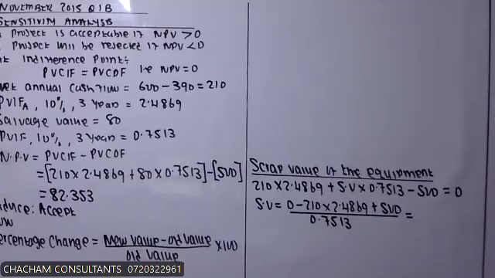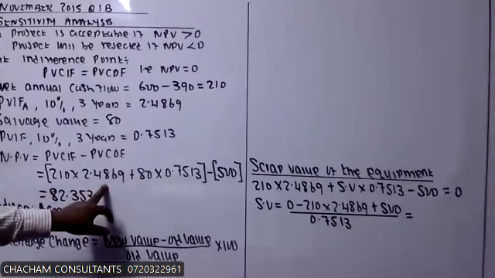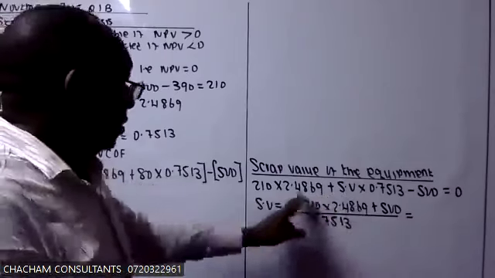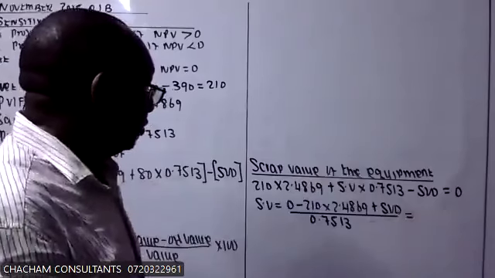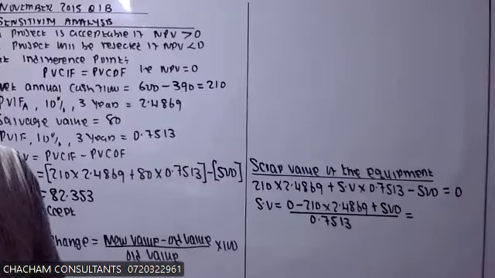Okay, it's coming to negative. Why is it negative? Kuna kitu tumemiss. Kwa hii formula 210, so minus 500 should be 0. So nataka kuachwa na hii hapa, so ikirudi huko ikuwe negative, na hiyo ikuwe positive.